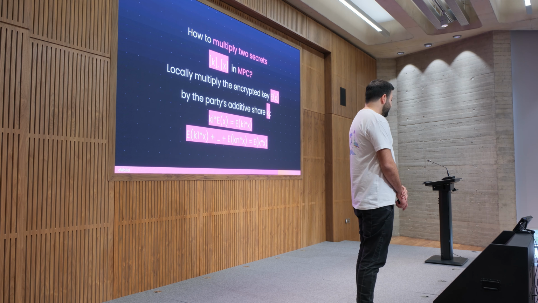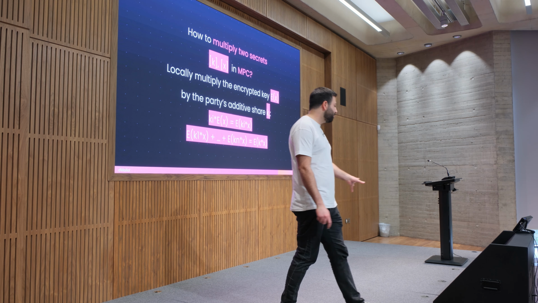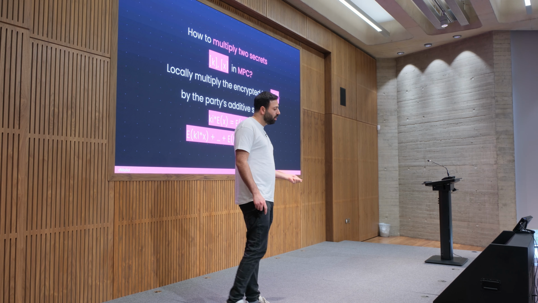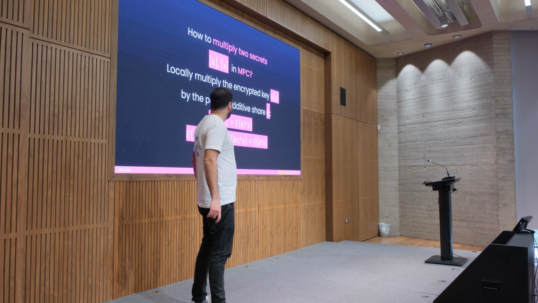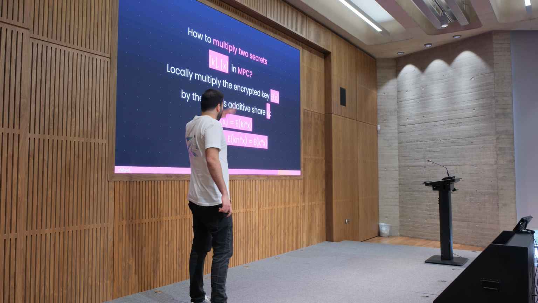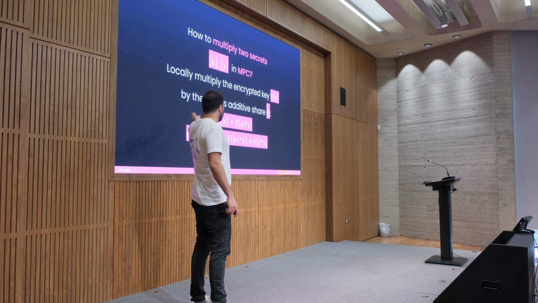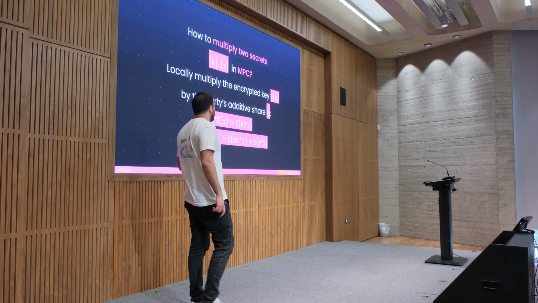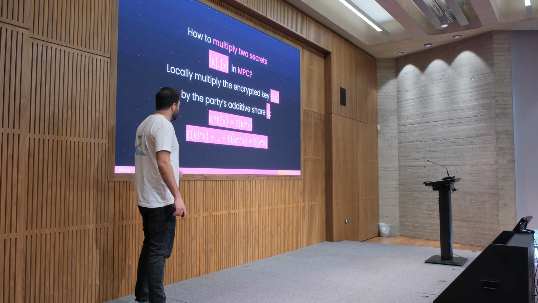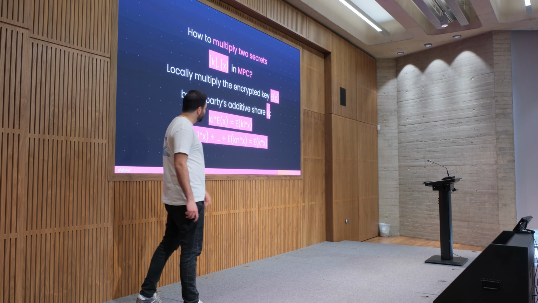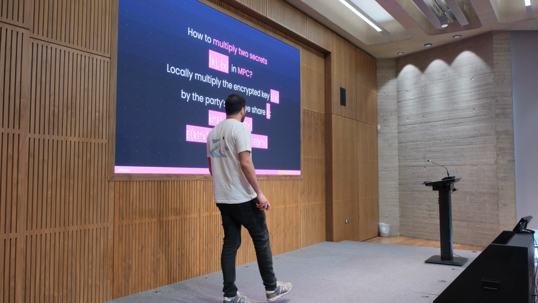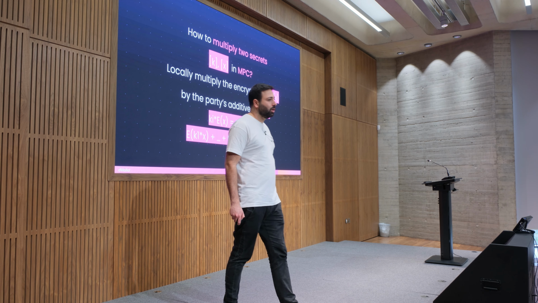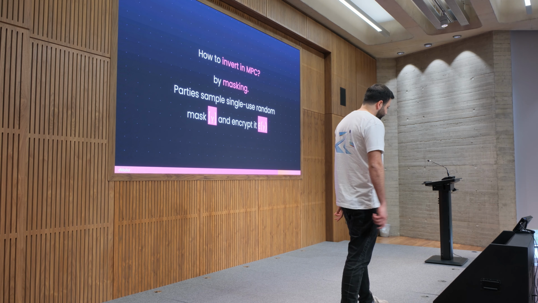And what you get is an encryption of your secret share by the total secret. So you have E of X, which is the whole secret key. And you take your nonce share, you multiply that locally. You get an encryption of the secret times the nonce share. And this you can broadcast because it's encrypted. And you can sum it all up because it's homomorphic. And you get an encryption of the nonce by the secret key.